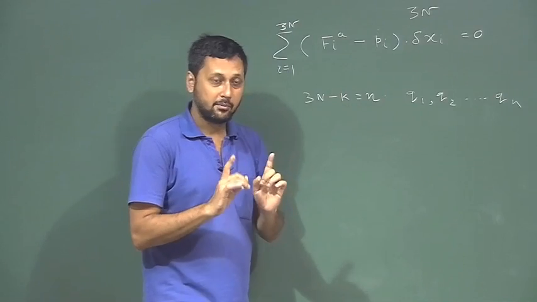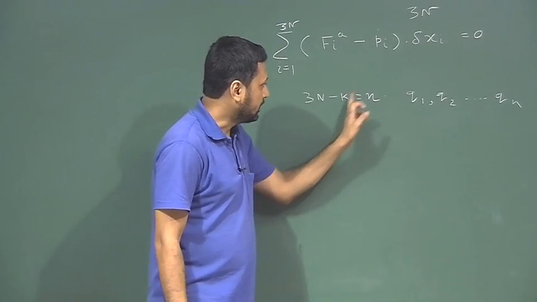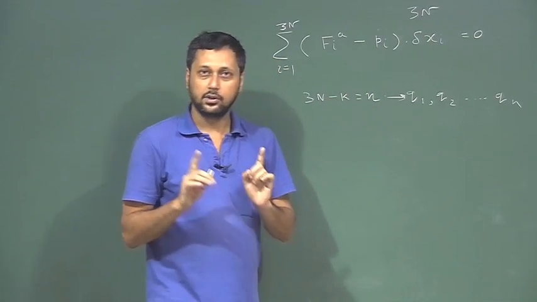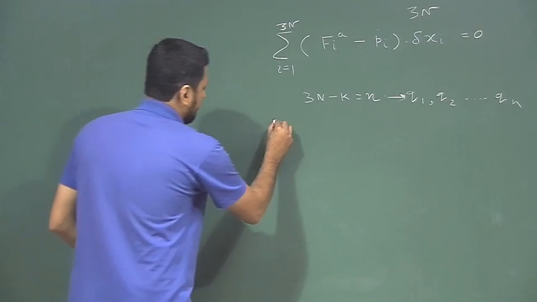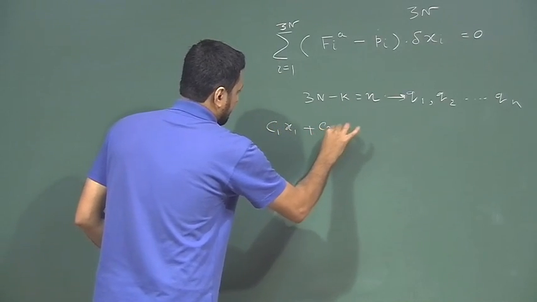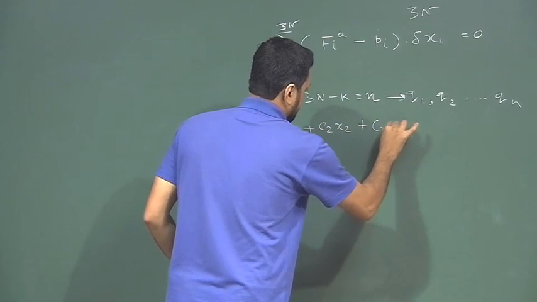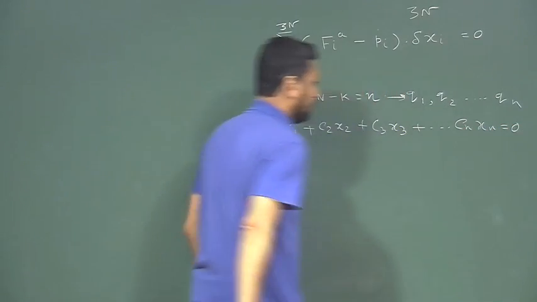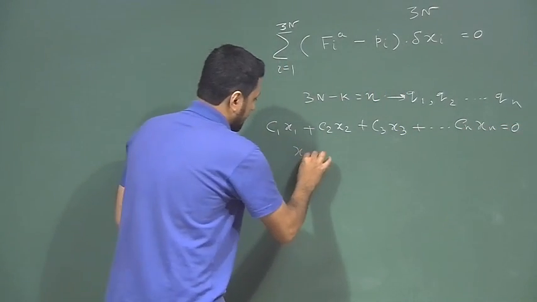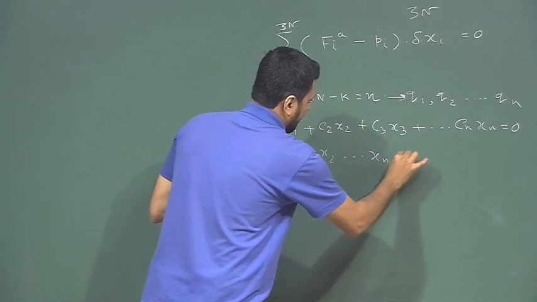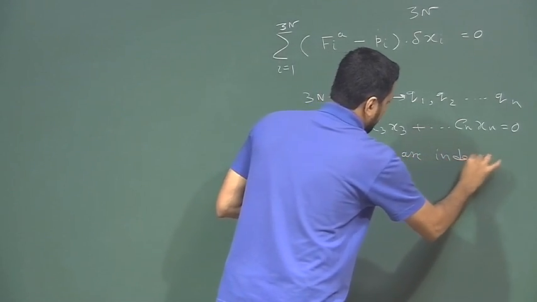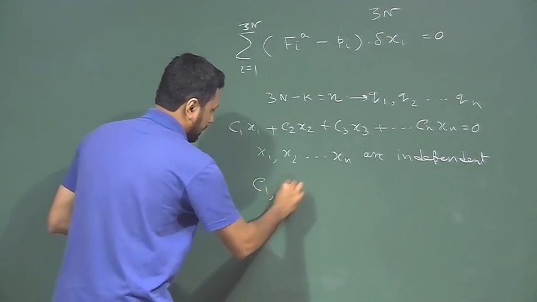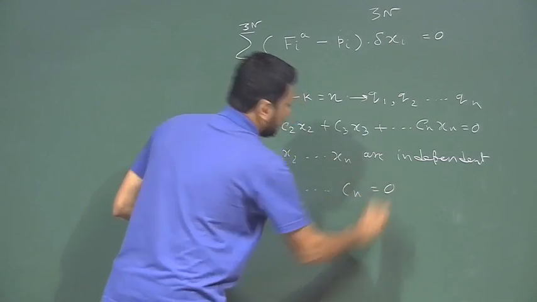Please remember the advantage we will gain if we can write it in terms of generalized coordinates: each of these coefficients will be individually equal to 0. If you recall, we have C1 x1 plus C2 x2 plus C3 x3, all the way up to Cn xn equal to 0, if and only if x1, x2, xn are independent, we can write C1, C2, Cn individually equal to 0.